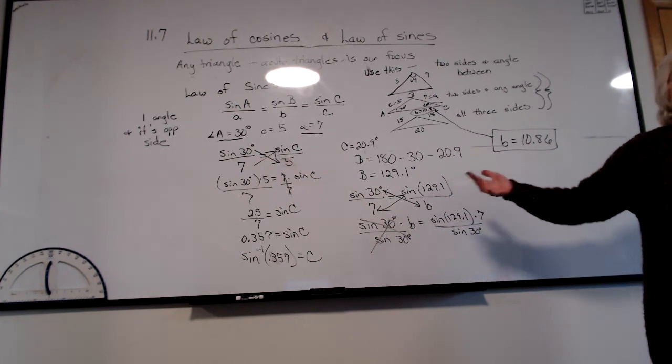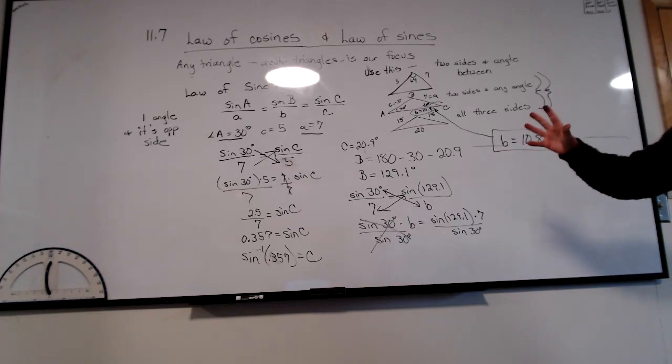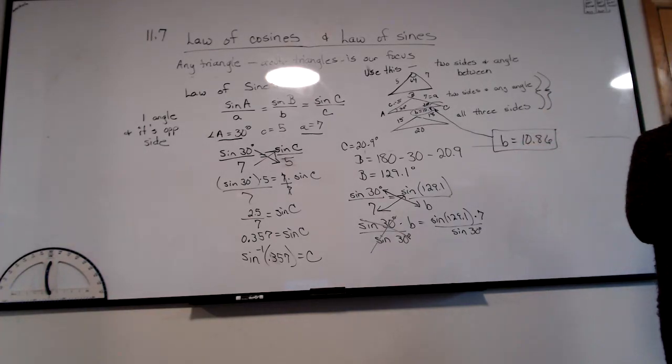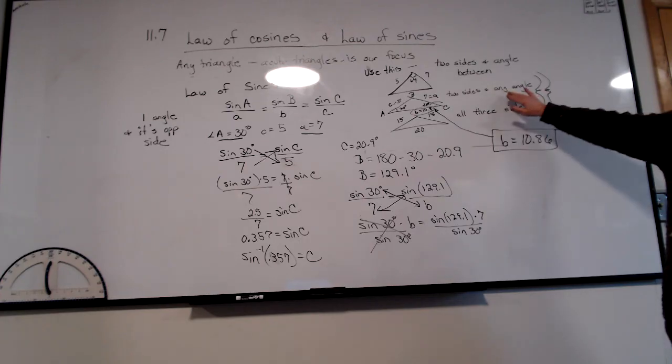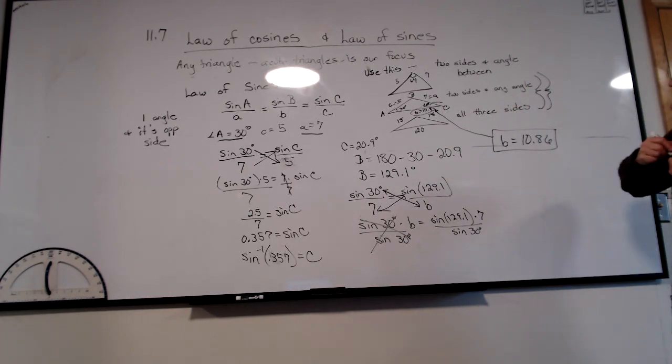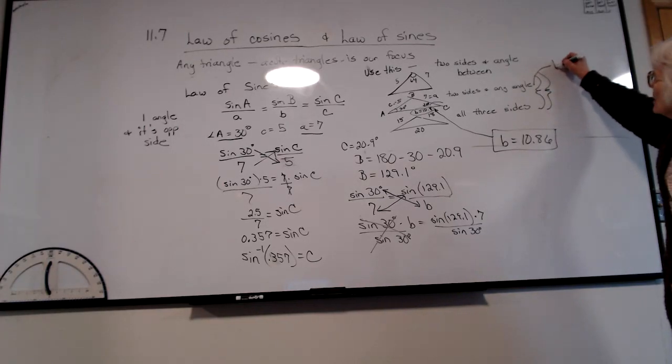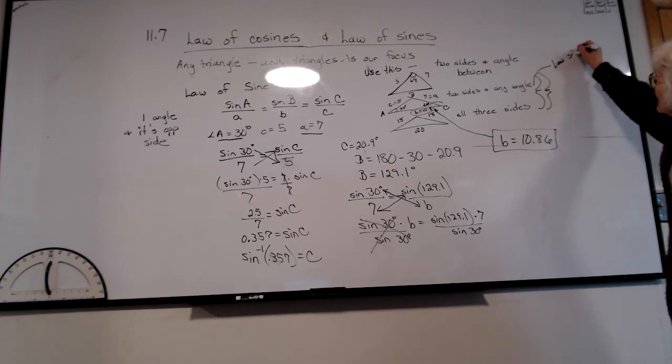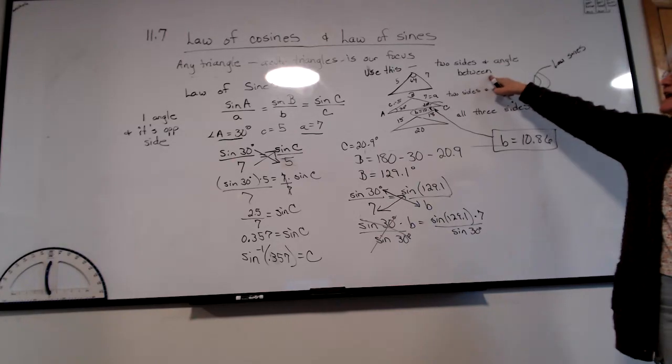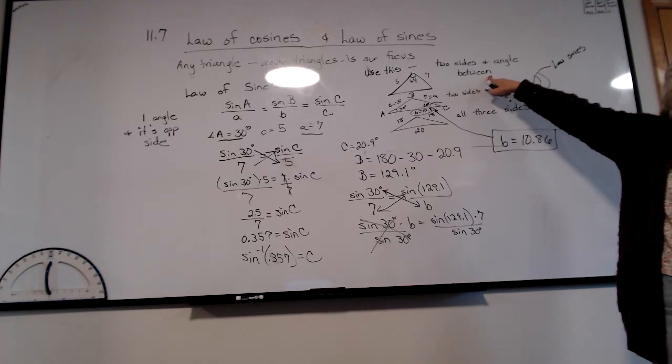Okay. So again, you have to look at these things, figure out what do you have. If you have two sides and any angle, I would probably use the law of sines, unless the angle is in between.